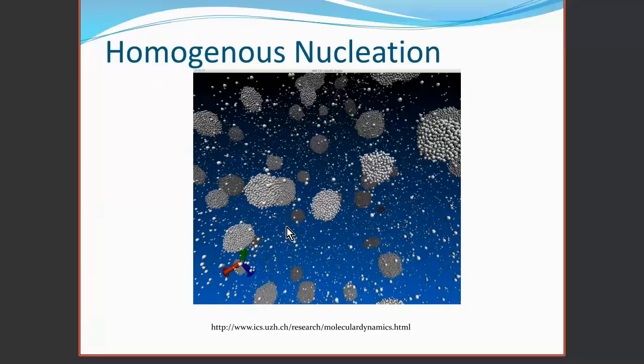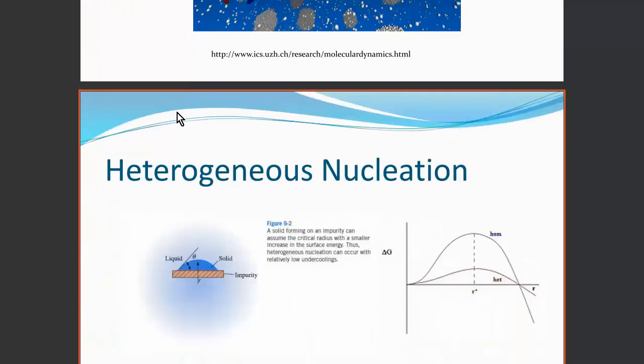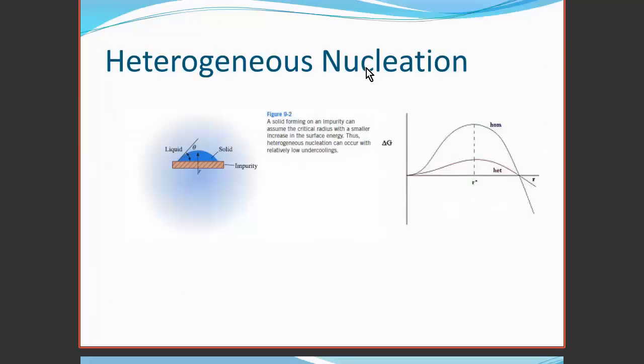Nucleation occurs through the random creation of clusters, and this can occur uniformly in the material. When this happens uniformly, this is known as homogeneous nucleation. More likely is heterogeneous nucleation.